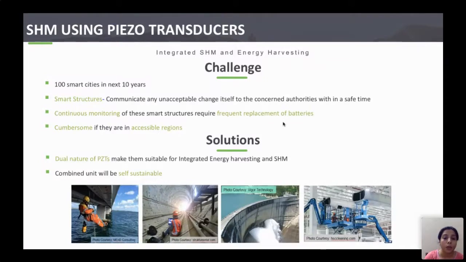As I told you, PZT patches produce voltage when you apply strain on these materials, so they have energy harvesting properties as well. Using the energy harvesting and structural health monitoring properties of PZT patches, we have developed a self-sustainable system where the same PZT patch generates the energy as well as does the health monitoring. So it can be used in several inaccessible places.